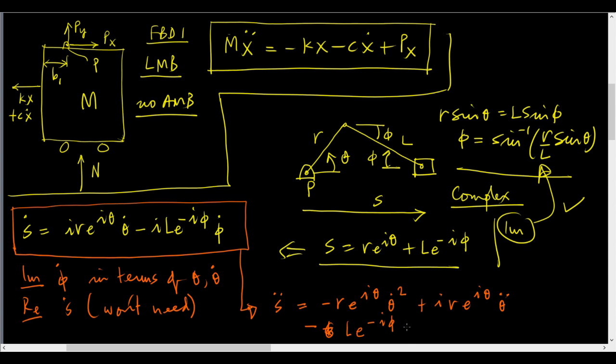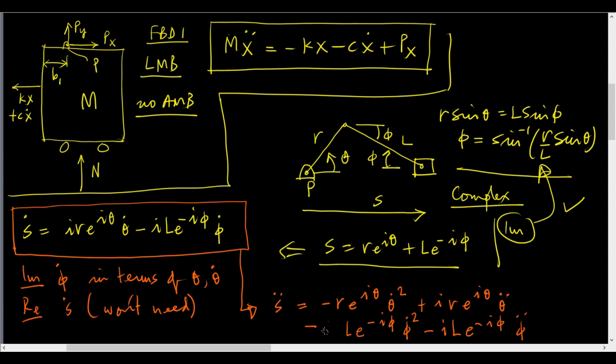So phi dot square, plus minus I L e to the power minus I phi double dot. I should not be confused about such a simple thing, but I seem confused.